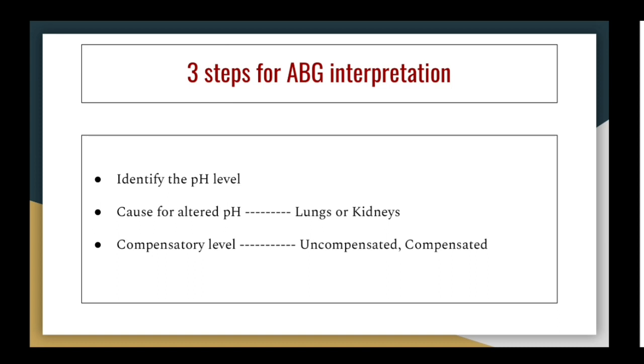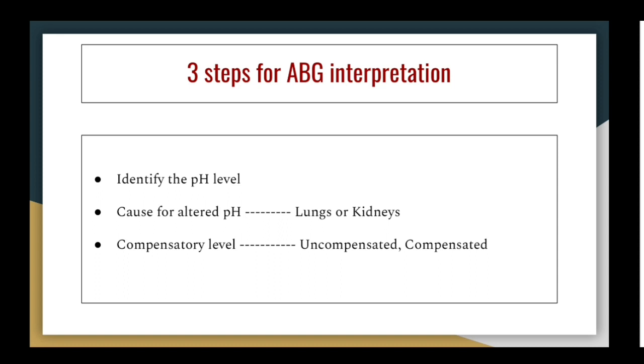Now coming to the actual topic, the 3 steps for ABG interpretation. That is how we are going to analyze the ABG reading in 3 simple easy steps. First step is to identify the pH level, whether it is acidic or alkaline.